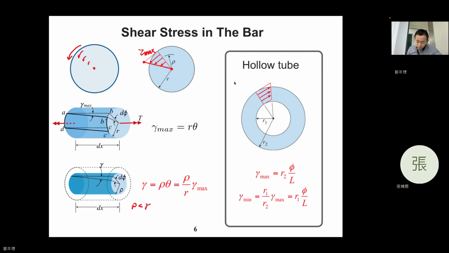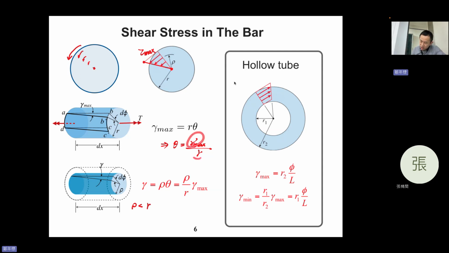So you can imagine that the theta here equals gamma max divided by R. I should write it down to make it clearer.